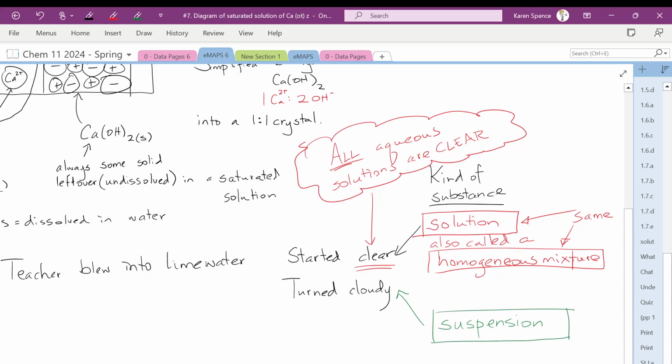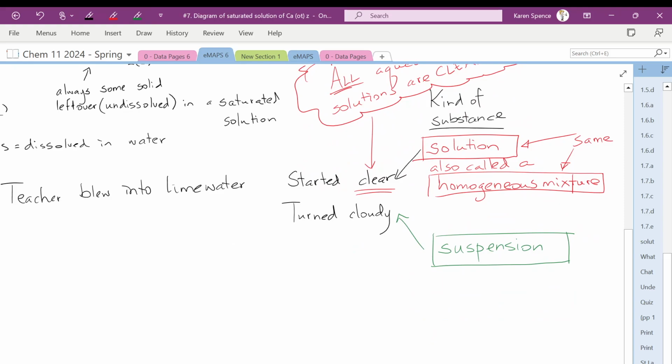And a suspension is a type of mixture. It's a type of what kind of mixture? Heterogeneous mixture.